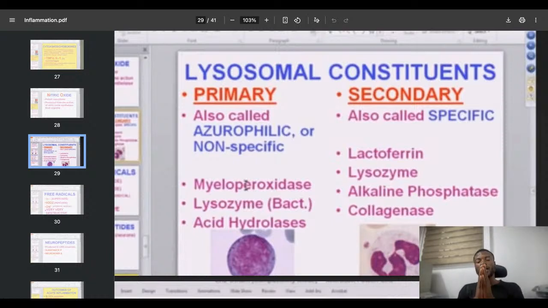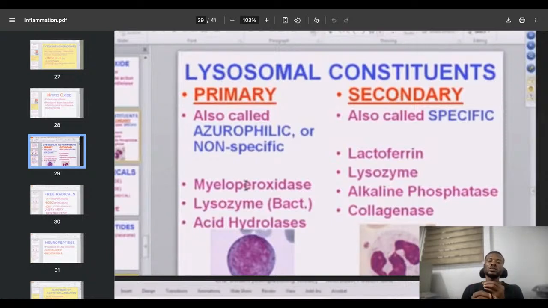They are non-specific. So it is the same myeloperoxidase, the same lysozyme, the same acid hydrolases that will be put on, whether you are a bacteria or a necrosed cell or a protozoa or whatever. So it is the same.